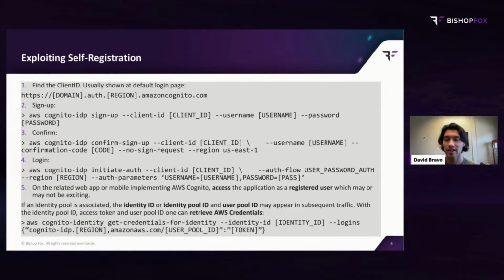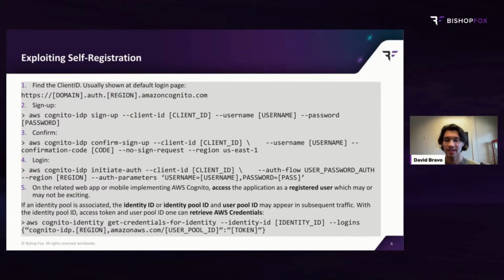But the theory is this, that you first sign up a user, and the username may be an email, or you might have to pass additional parameters in this request to give it an email so that it'll send a confirmation code, and then you confirm the user account, and then you log in.